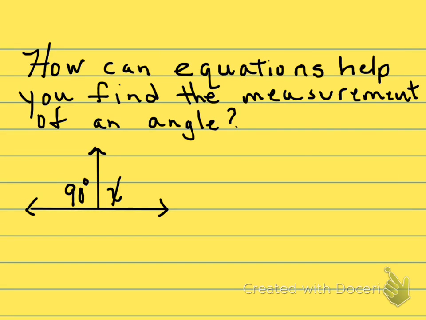How can an equation help you find the measurement of an angle? Let's take a look at the diagram that's right here. How can we find the measure of the unknown angle? Think about that for a minute. Think about what you know. Think about what you think you see.